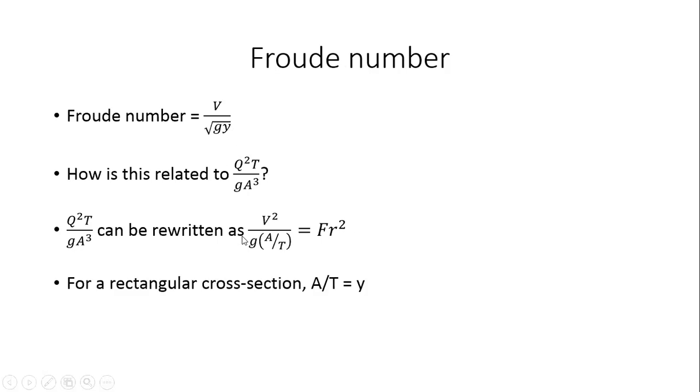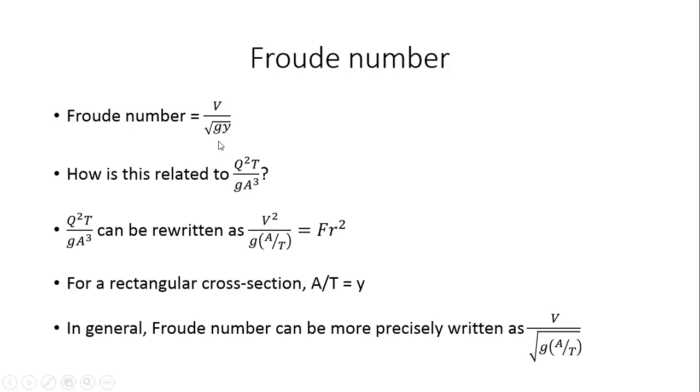Now, the interesting thing is, for a rectangular cross section, what will A by T be? For a rectangular cross section, top width is the same as the bottom width, so A by B will be y. So this is a short form that we use, V by under root G y. This is only applicable for a rectangular cross section.